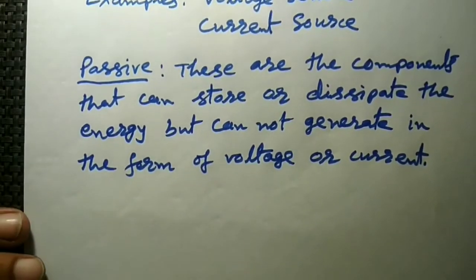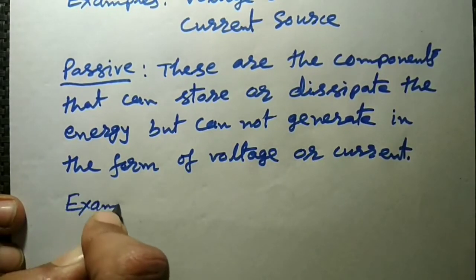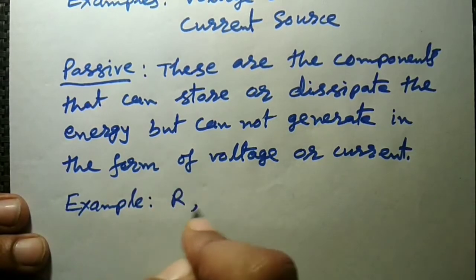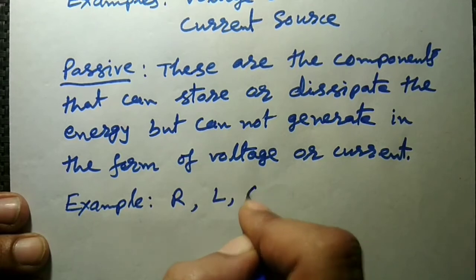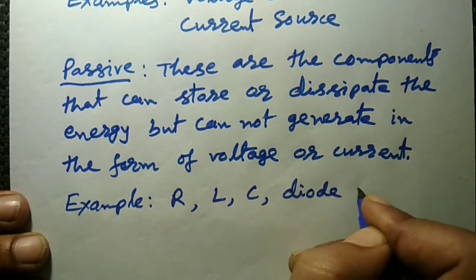The examples of the passive elements are resistors, inductors, capacitors, diode, etc.